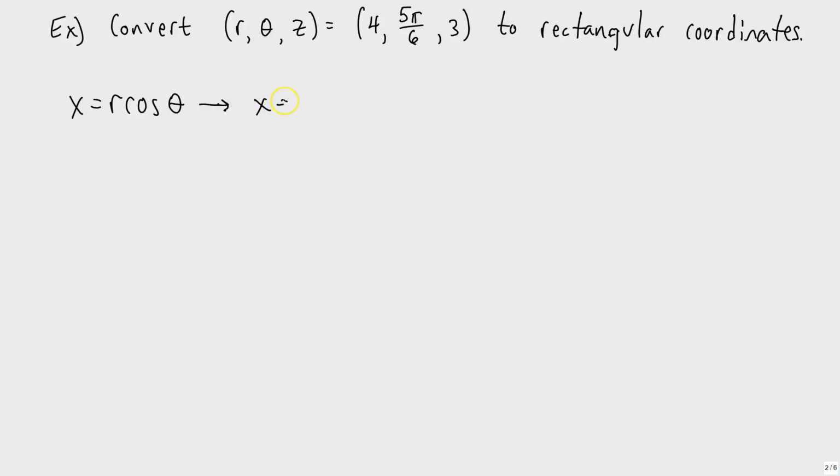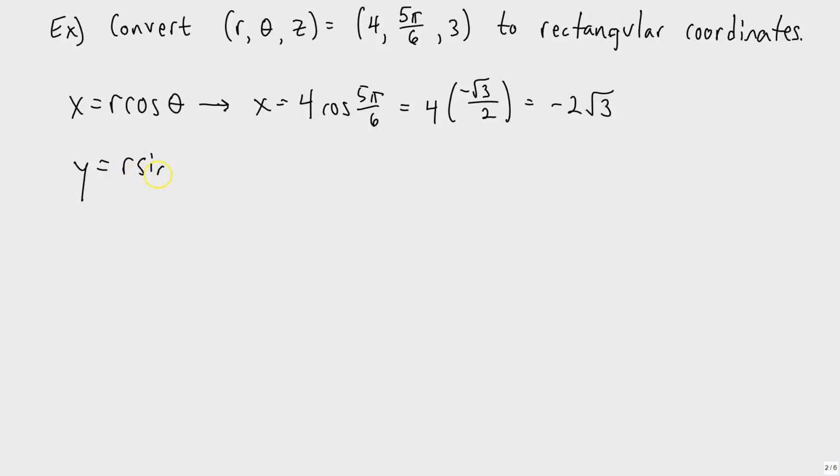So X would be the radius 4 times cosine of 5 pi over 6, which would come out to be 4 times negative principal square root of 3 over 2, which would be negative 2 times the principal square root of 3. And then Y is R sine theta.